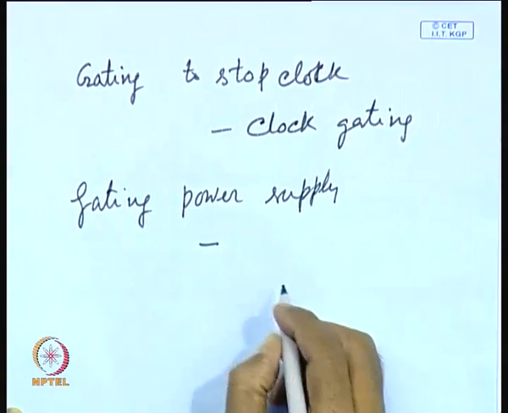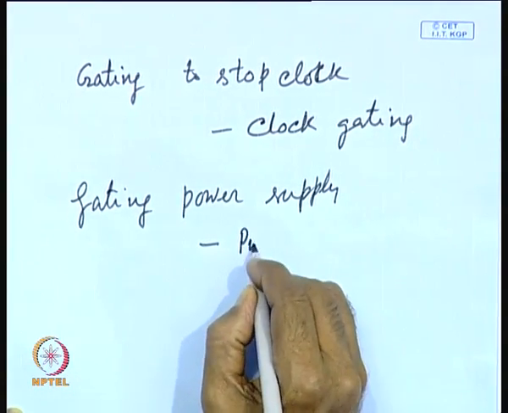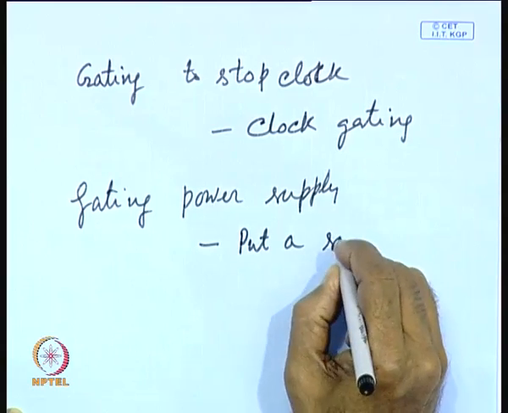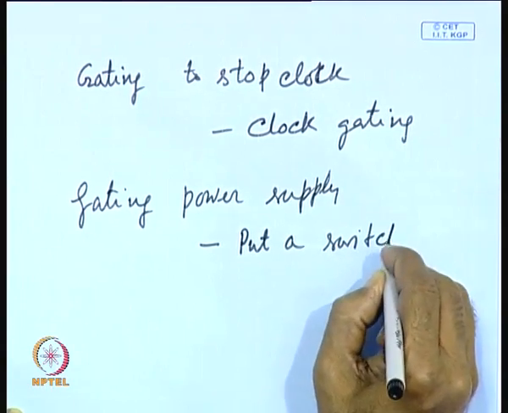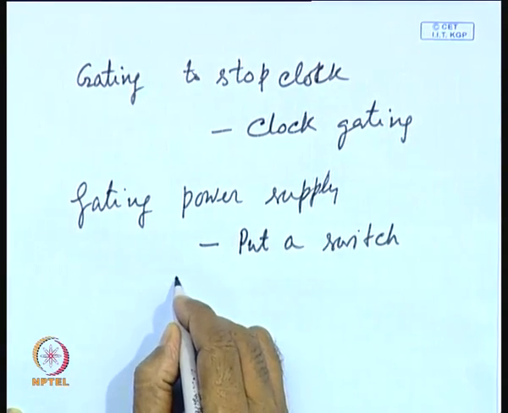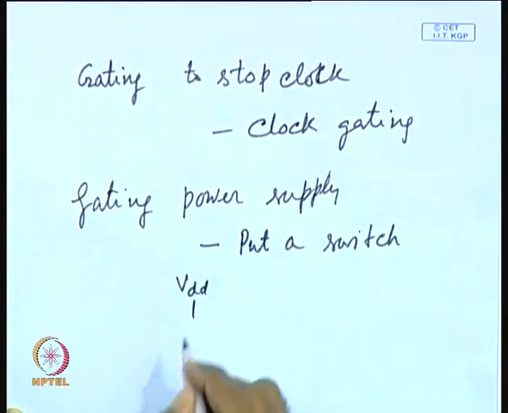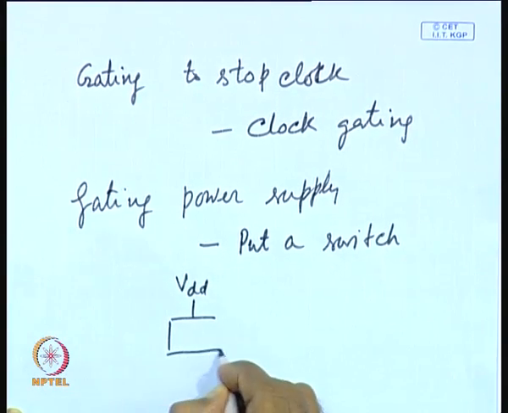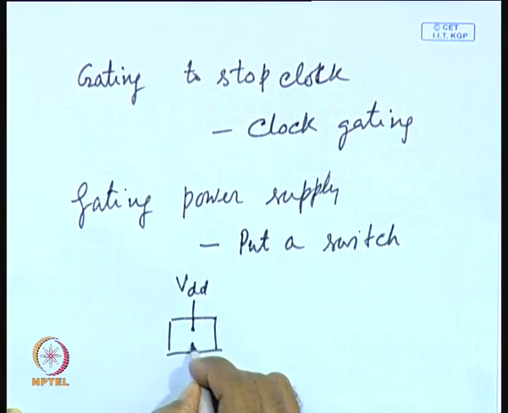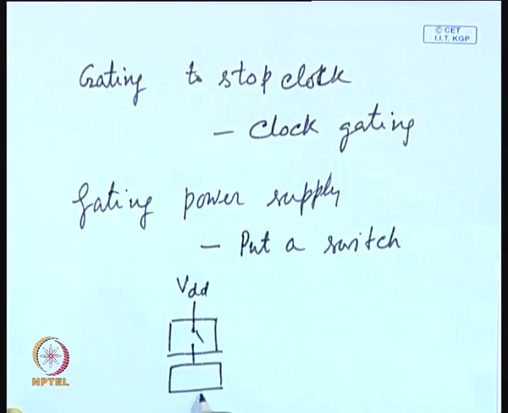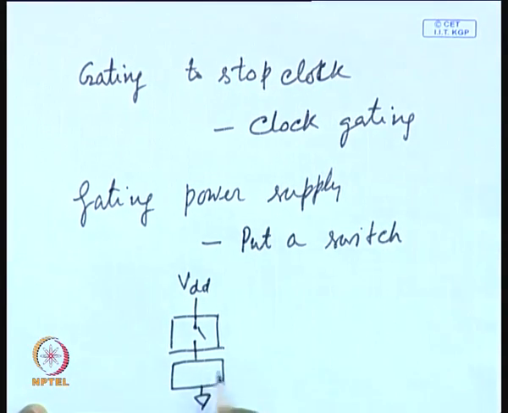How can it be done? Obviously, we have to put a switch in between the power supply. So, you have got your VDD, and then we will put a switch, and the output of the switch will go to the circuit, and the other end may be grounded. So, the question naturally arises, how do we really realize this switch?